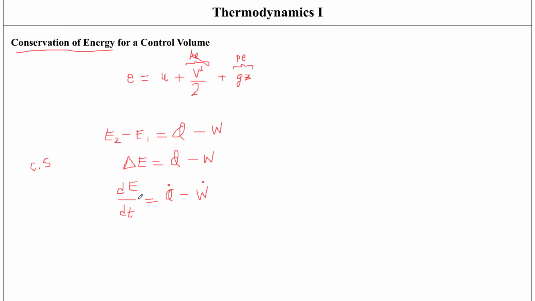So for a control volume, the rate of change of energy, because this is the instantaneous rate, is going to be equal to the heat content rate, Q dot, minus W dot, plus additionally there's going to be some term here because now we're talking about a control volume.